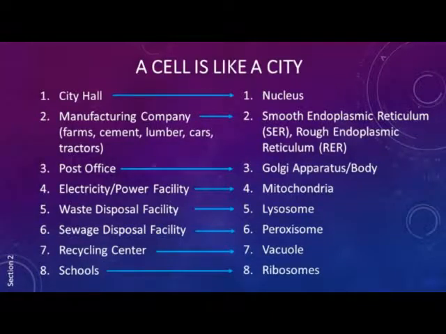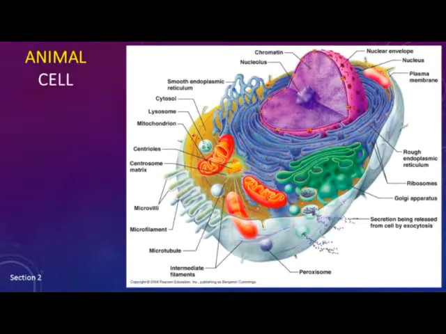The post office of a city is similar to the Golgi apparatus inside the cell. The electricity company is similar to the mitochondria. The waste disposal facility is similar to the lysosome, and the sewage disposal company is similar to the peroxisome. The recycling center of a city is similar to the vacuole, and the schools are similar to the ribosomes inside of a cell.